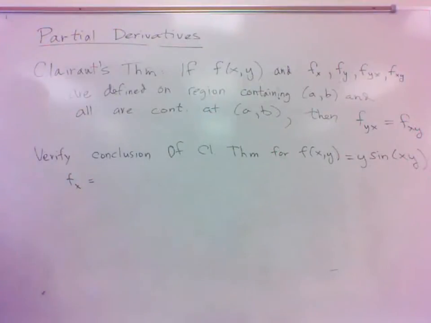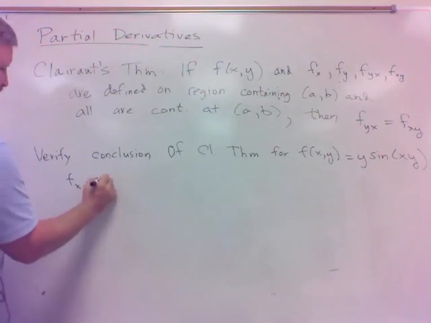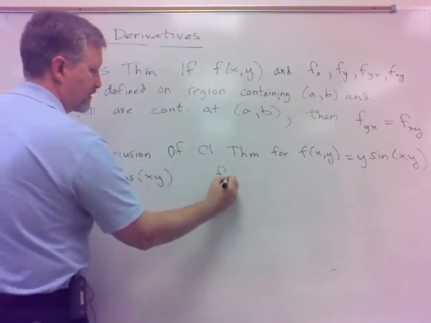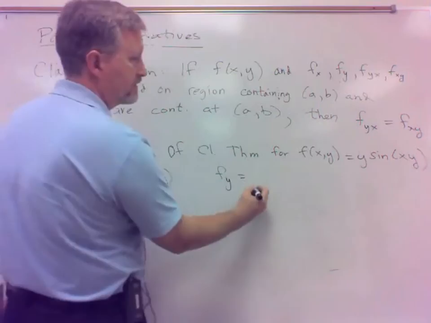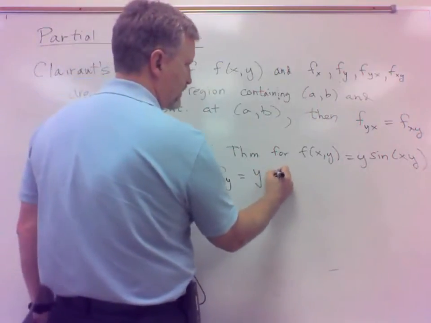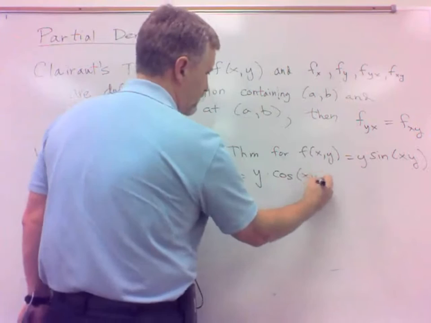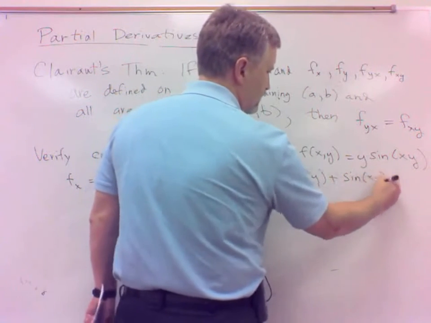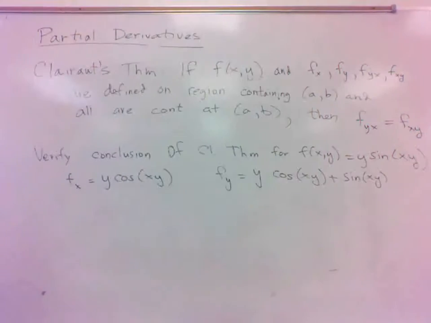So the partial with respect to x would be what? y cosine xy? And then the partial derivative with respect to y, I have to use a product rule. y times cosine xy plus sine of xy times the derivative of y, which is 1.